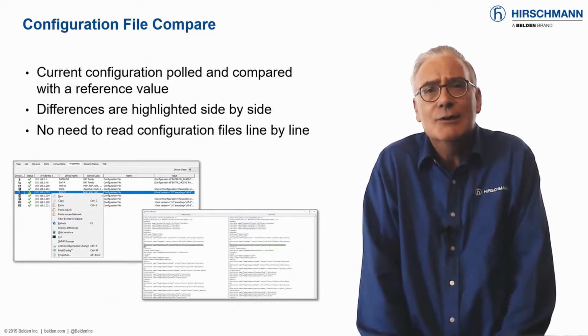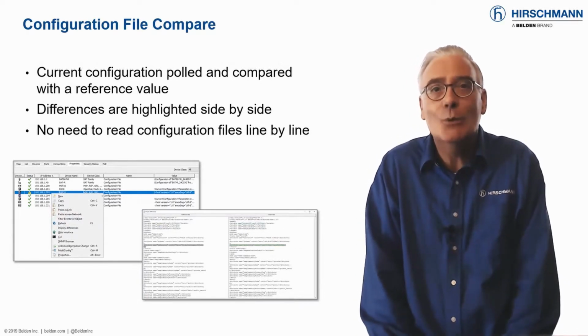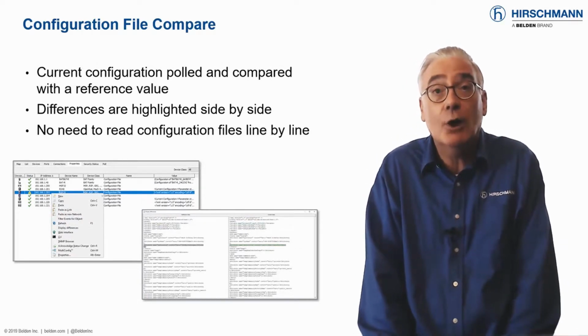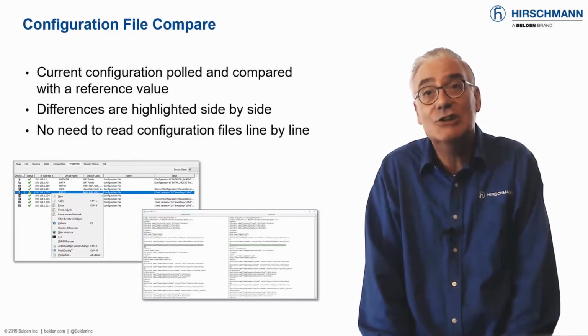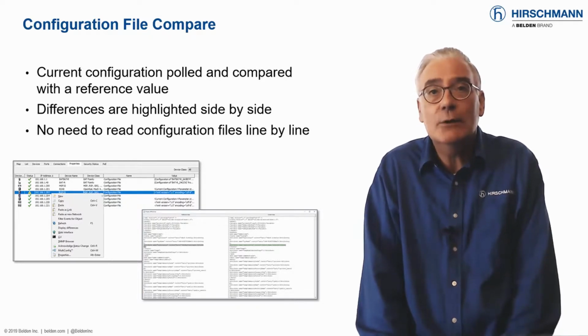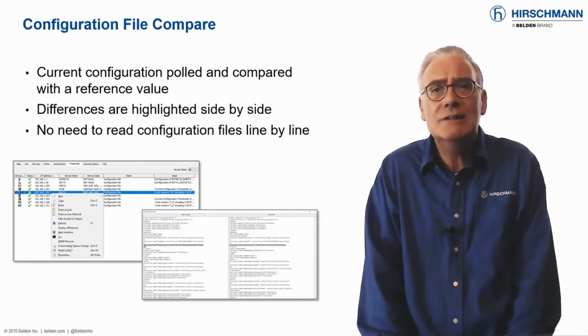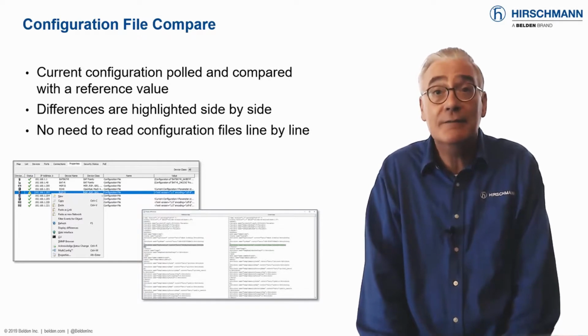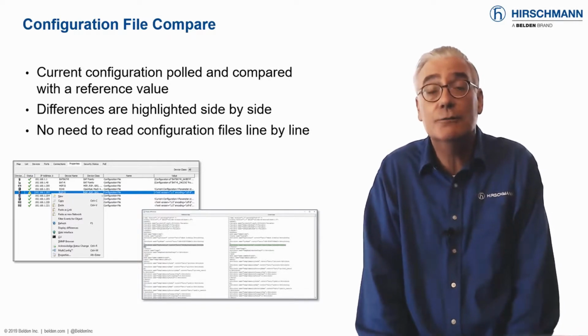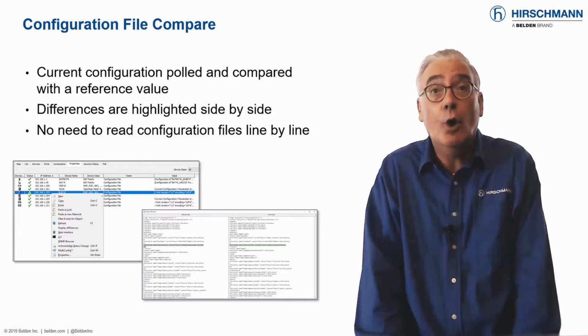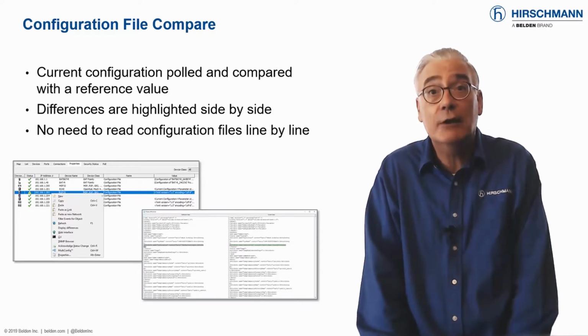Industrial HiVision includes some great tools to warn you when the configuration of a network device has changed. But that still leaves you with the challenge of working out exactly what has changed. Of course, you could spend hours comparing the previous and current configuration files manually, or you could use the configuration file compare tool.